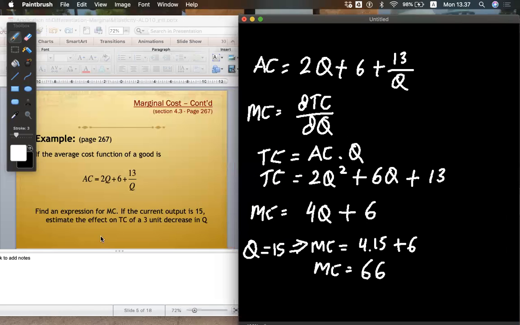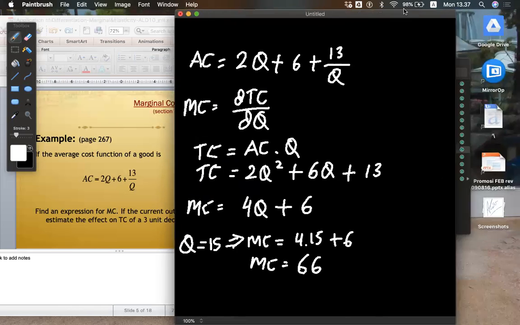Then estimate the effect on TC of a 3-unit decrease. So we estimate the effect, delta TC, when delta Q is a 3-unit decrease.